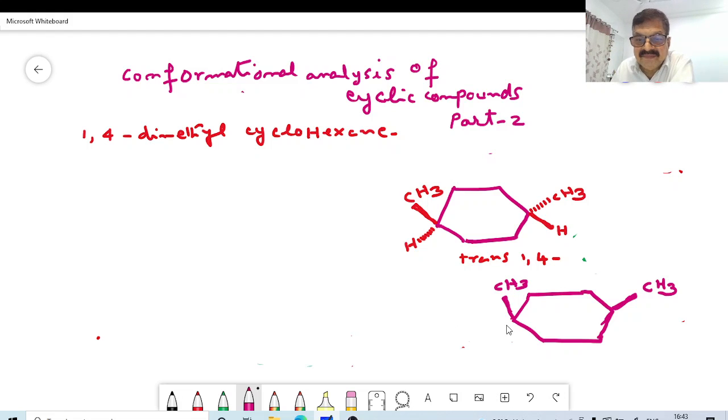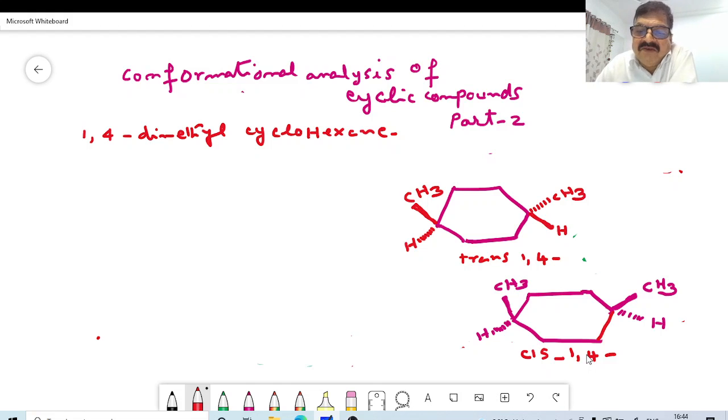Then hydrogen. Okay, so this will be the cis 1,4-dimethyl cyclohexane.